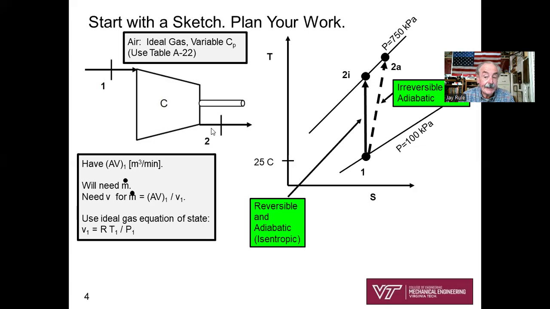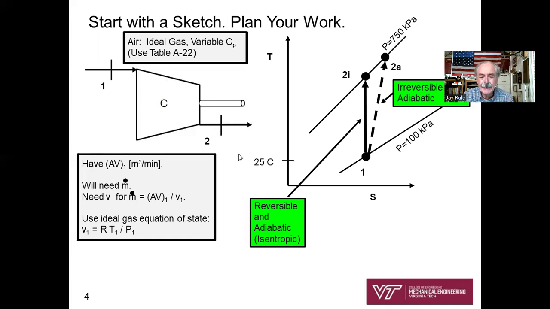We recognize air, and we're going to treat it as an ideal gas, and for this analysis with variable specific heat. That's the same as saying we're going to use table A-22 to evaluate the properties we need for our thermodynamic analysis, things like h. Variable specific heat for air, use table A-22.